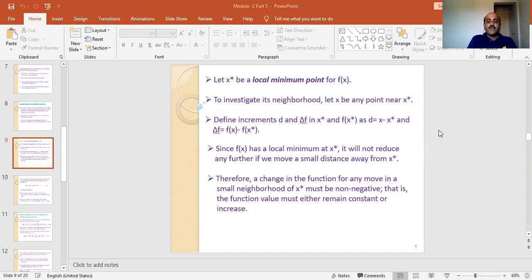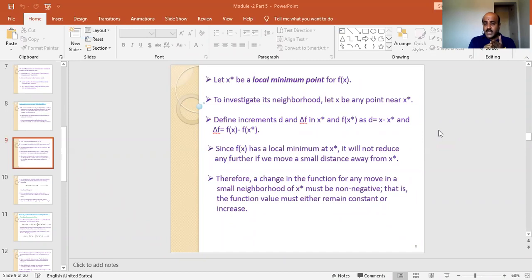Okay. Since f of x has a local minimum at x star, it will not reduce any further if we move a small distance away from x star. This is a very important step.